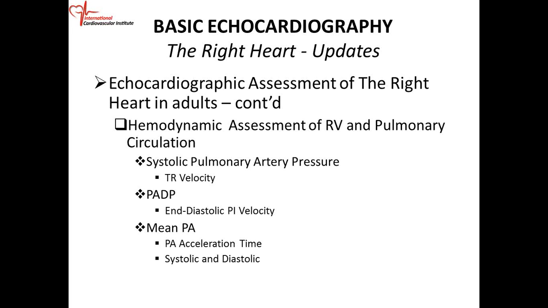The classic definition of pulmonary hypertension is a PA mean pressure greater than 25 millimeters of mercury. So to get the mean PA pressure, you can use your PA acceleration time, or you can use your systolic and diastolic PA pressure. When I did the registry exam, there was something about PA acceleration time, so we'll go over that in a little detail.